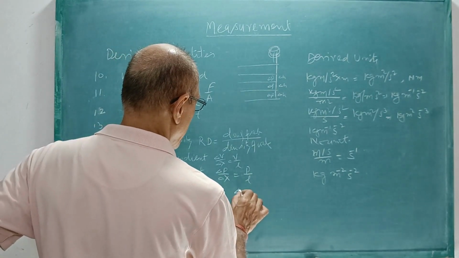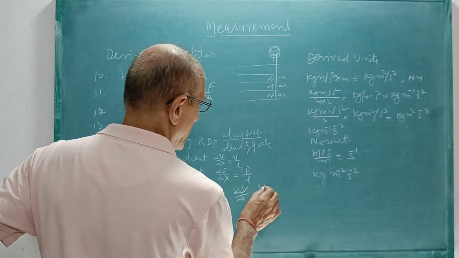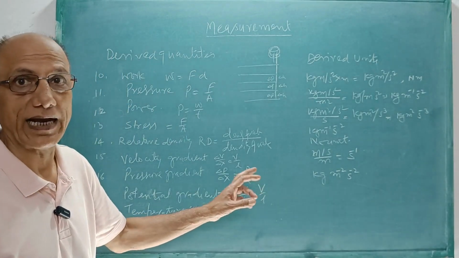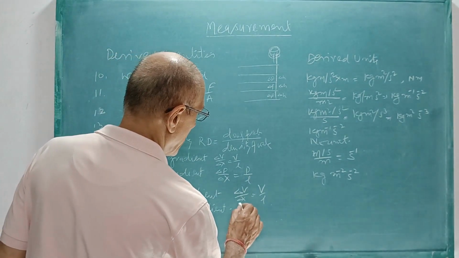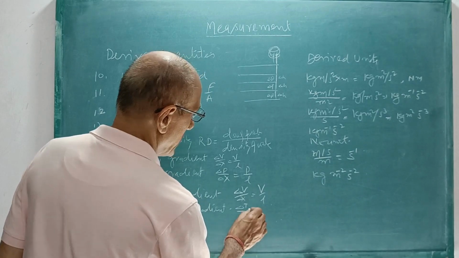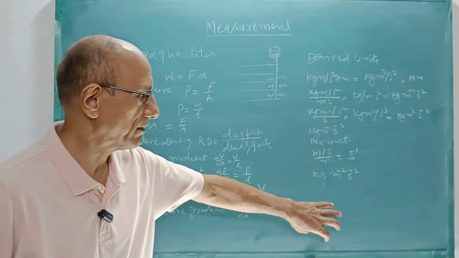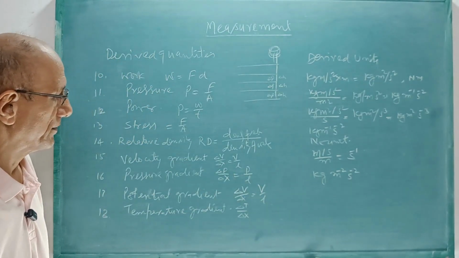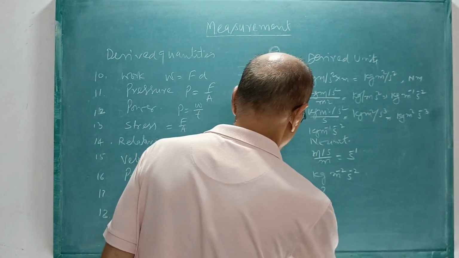Potential gradient is delta V by delta X, or you can say V by L. Here this V is not the velocity, this is the electric potential. And the temperature gradient is delta T by delta X. So this is the temperature and this is the length. So temperature and length you can very easily get. So this you will try to find out.